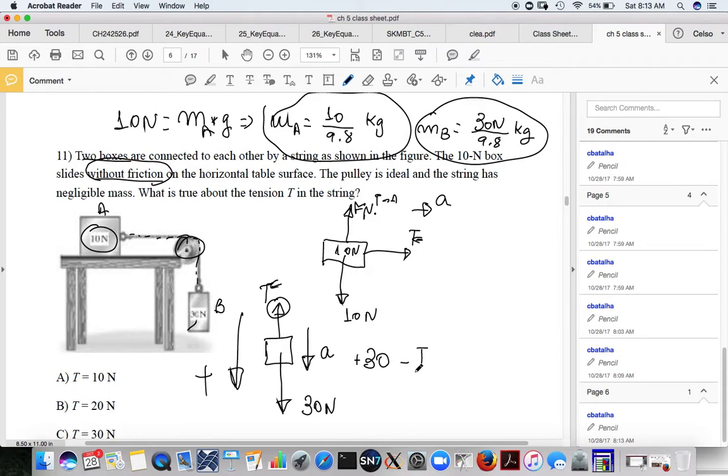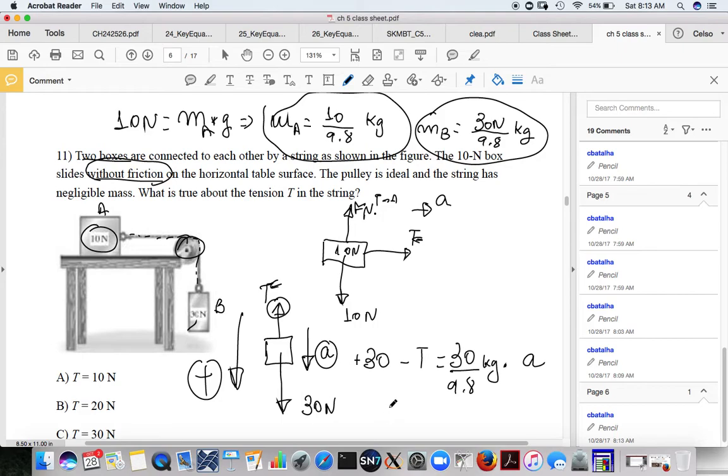So 30 minus T is equal to the mass of that block, 30 divided by 9.8 kilograms, times the acceleration. So I find acceleration. See, acceleration should be a positive number.